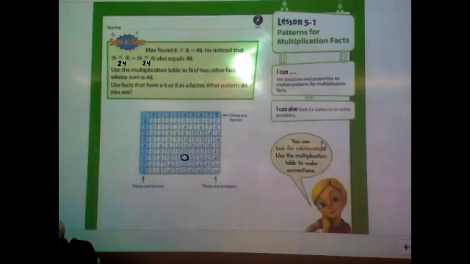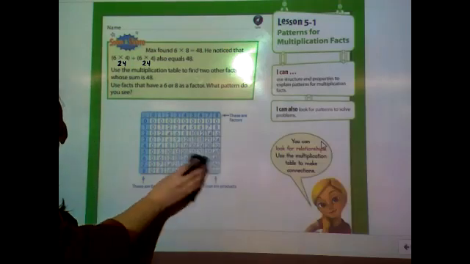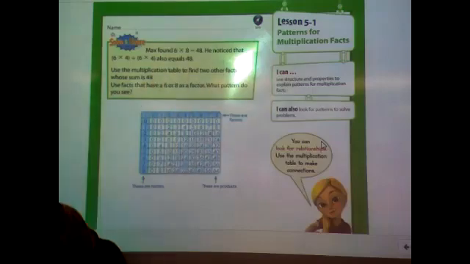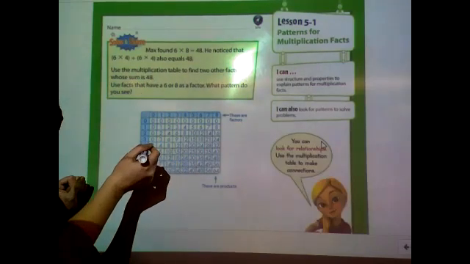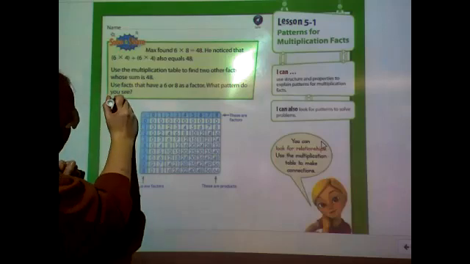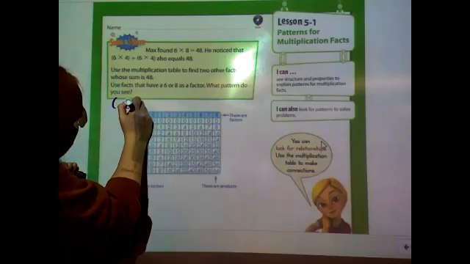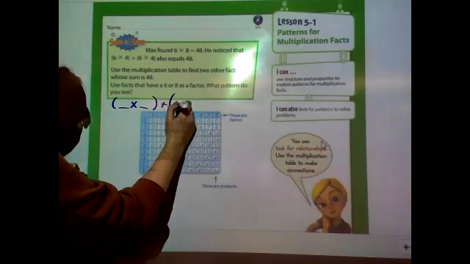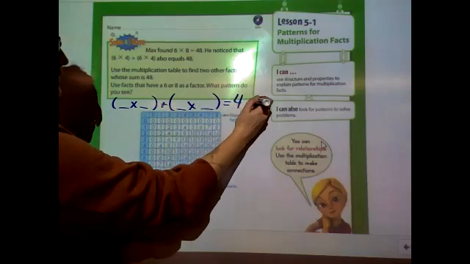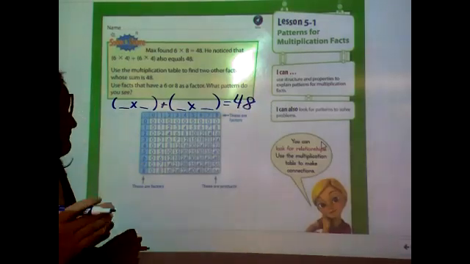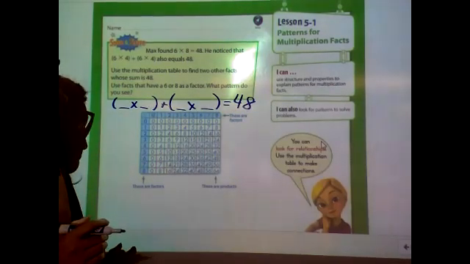Okay. Now let's use the multiplication table to find 2 other facts. So the sum is 48. So we want to find 2 other facts. Blank times blank plus blank times blank is going to equal 48. I'm going to go easy here.